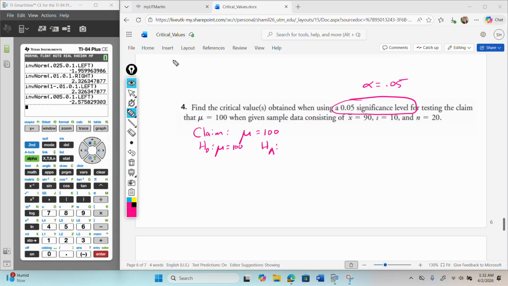So for the alternative hypothesis, you can only have strictly less than, strictly greater than, or the not equal sign. So if the symbol in the original claim is not allowed, you take its complement. And the complement of equal is not equal.